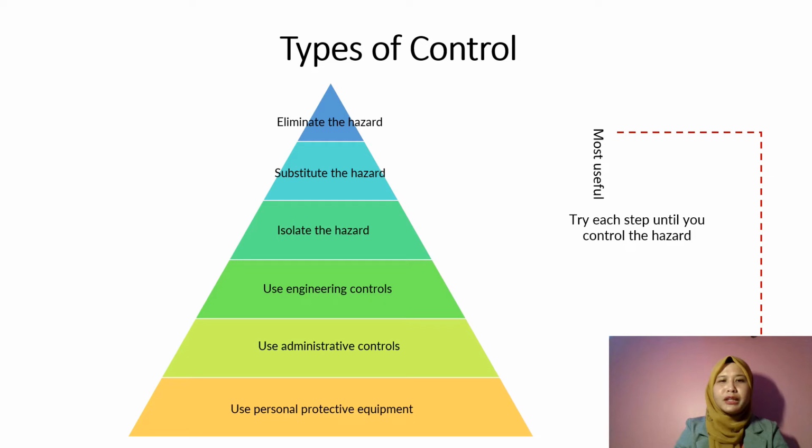Administrative control is introducing work practices that can reduce the risk, for example, safe work procedure, supervision, training, job rotation, housekeeping, repair, maintenance, and hygiene.